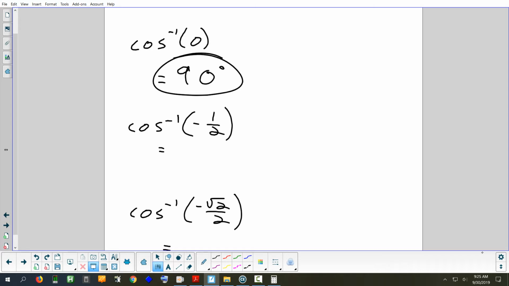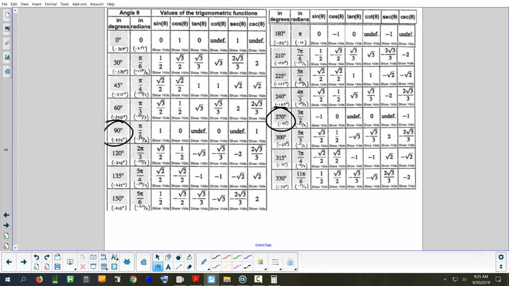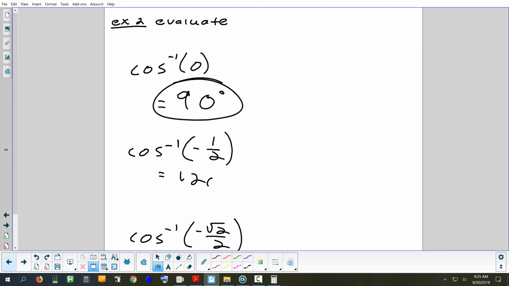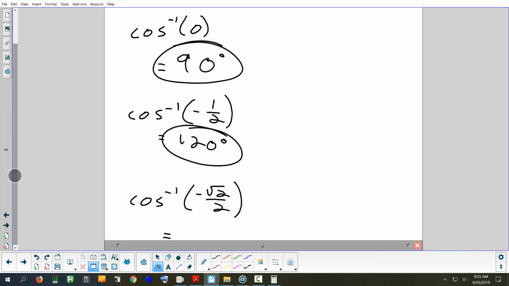Okay, so Brianna, were you able to find the inverse cosine of negative 1/2? Let's take a look. She said 120. Right, I agree that that's in the cosine, negative 1/2, and 120 is between 0 and 180. Yep, so perfect. All right, so we got 120.